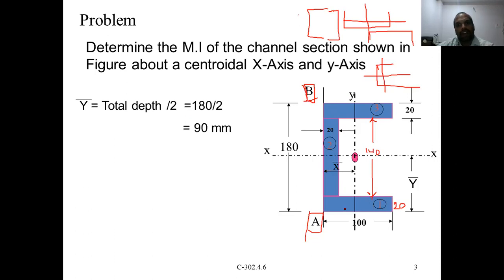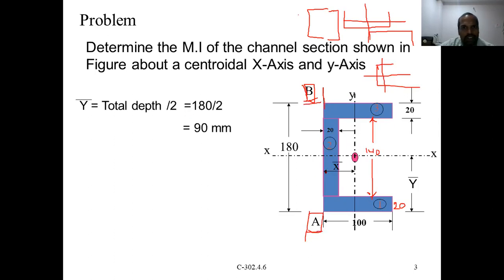They have standard dimension notations, and the centroid values are generally referred from this side, which is called the back of the channel section, back to back. This is the toe side, this is the back side. It is measured from here, which is why the reference axis is taken from the back only.